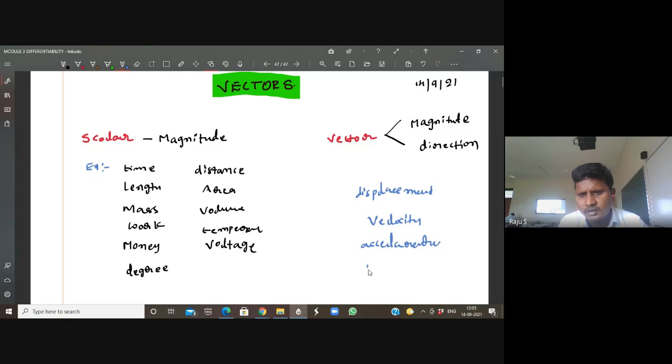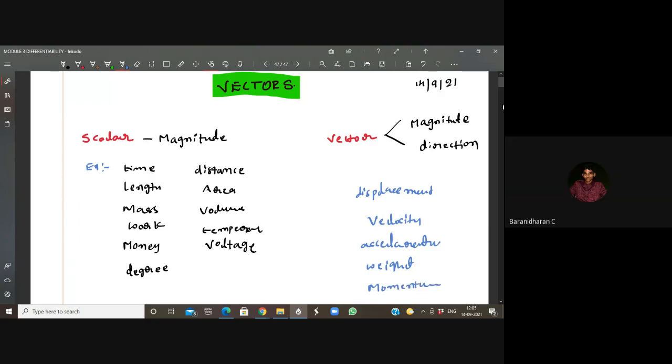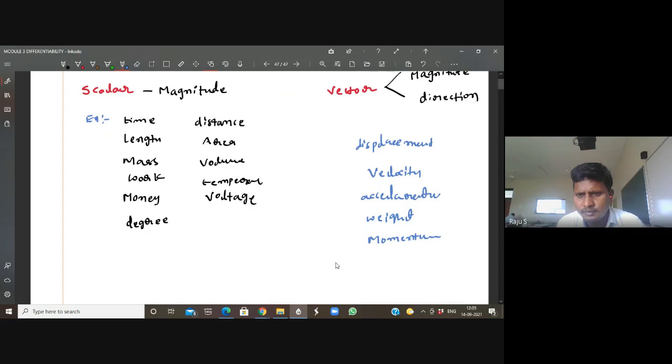Then I think weight is also an example, and momentum, force. Any other example? Okay, these are a few examples for vectors. These are the examples for scalar.